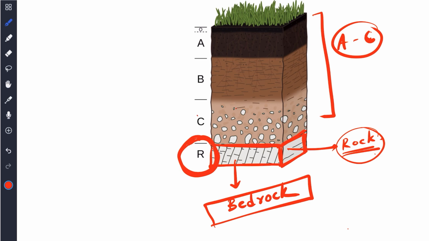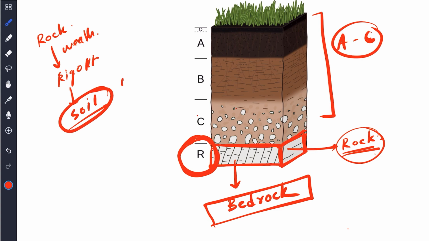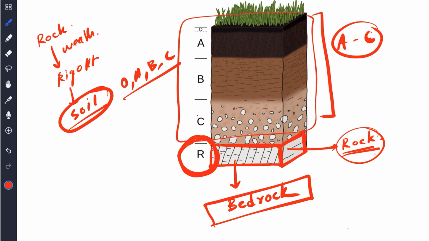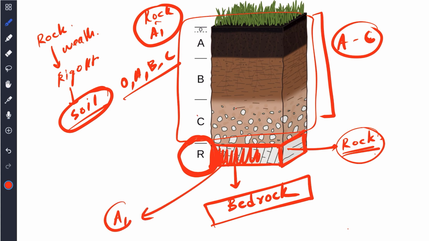Basically, as we know, weathering acts on the rock and forms the regolith, and from the regolith the soil is formed, and soil formation means the four layers O, A, B, C are formed. Suppose this soil was formed from a rock, and I give it the name rock A1. So in the bedrock we can see the presence of rock A1, or you can also see other rock rather than A1.